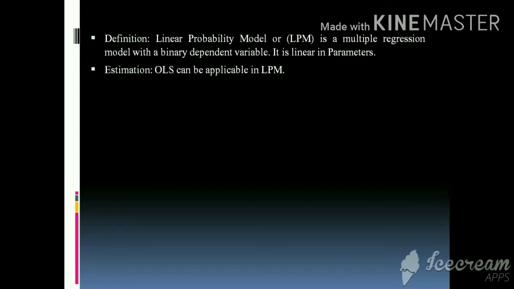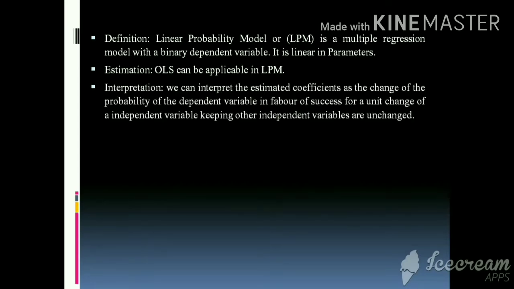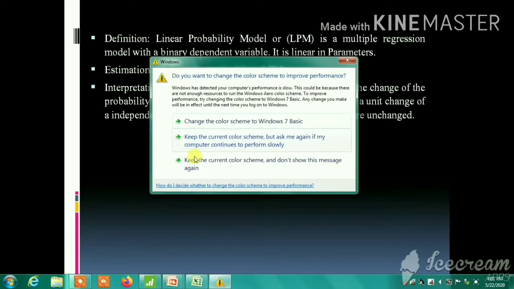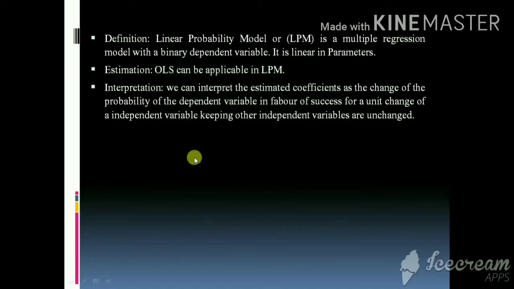And for the linear probability model, we can easily apply the ordinary least squares technique, and our interpretation will be a little bit different from the general linear regression or multiple regression model. As we know, in a multiple regression model, we explain the estimated coefficient as the impact on the dependent variable of a 1 unit increase of the independent variable, keeping other things unchanged.